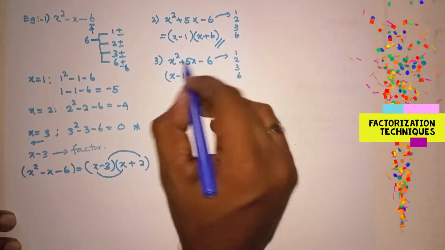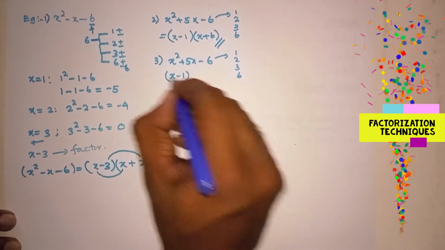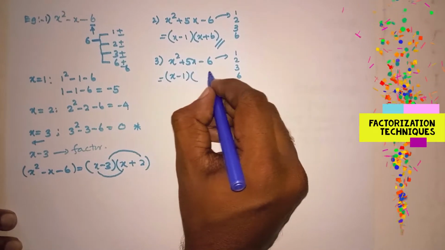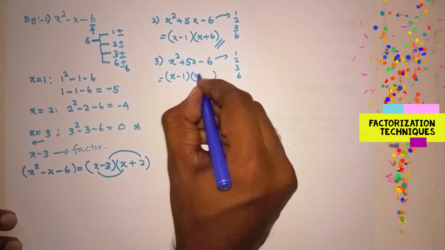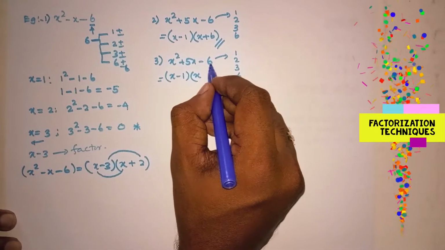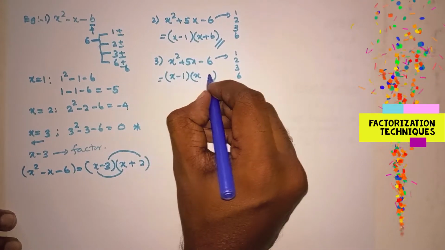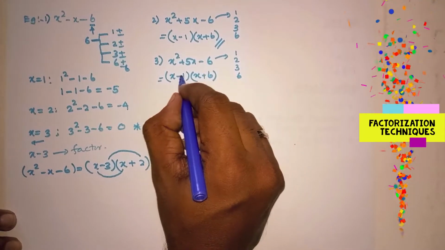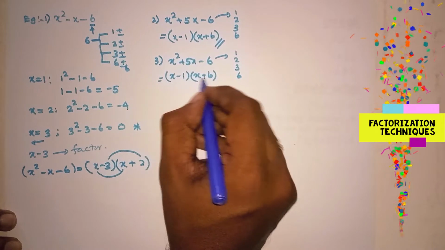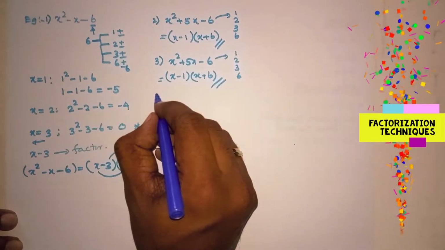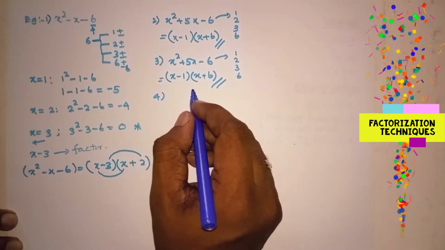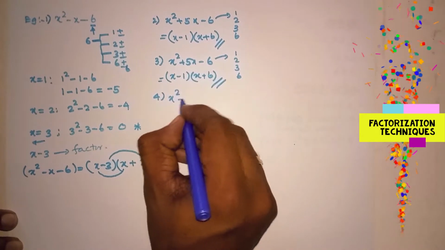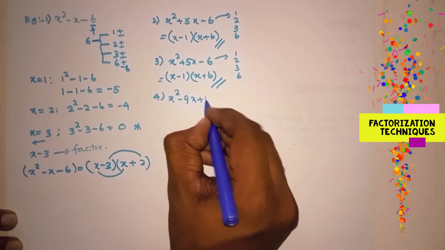So when you put x equals 1, the factor will be x minus 1. Then for the remaining factor, you need x squared, so you put x here, and we need plus 6 here, so you get x plus 6. Those are the factors.